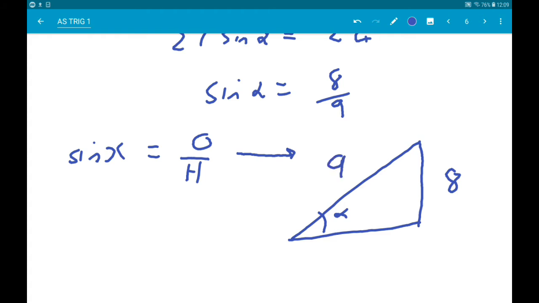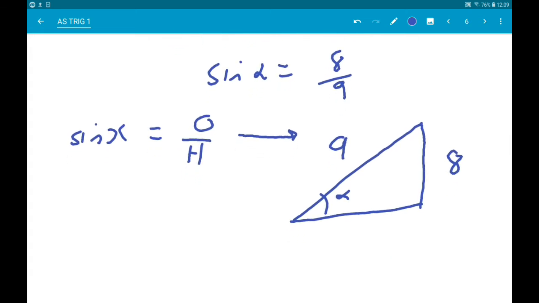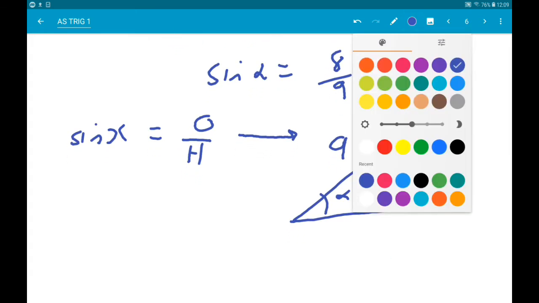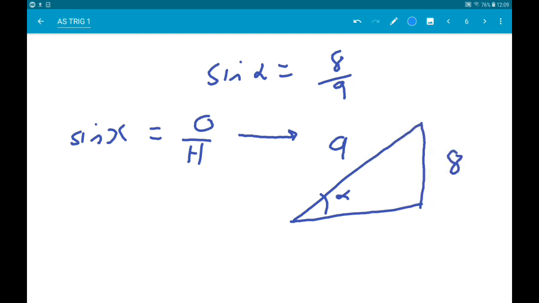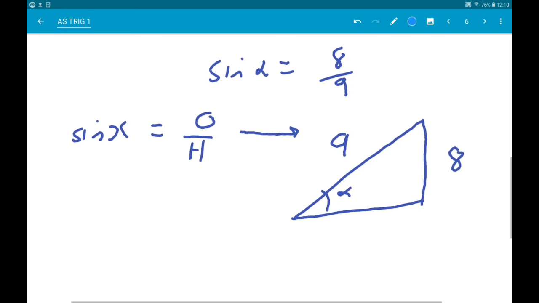Now, tan of alpha is the opposite over the adjacent, so we need to find the third length. So, for that, we're going to use Pythagoras. So, 9 squared minus 8 squared gives us 17.